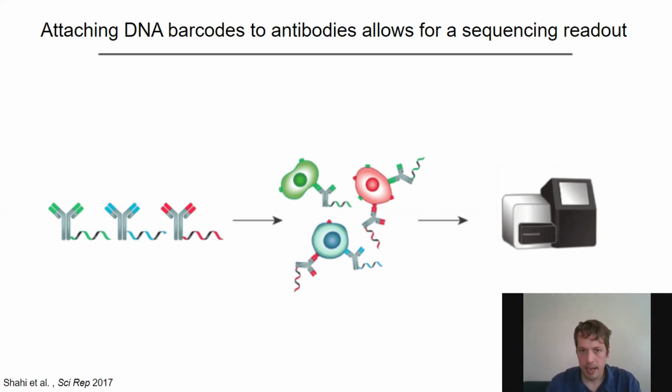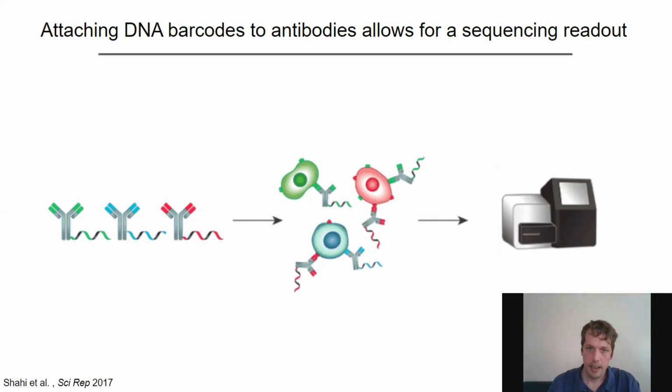So the idea behind antibody sequencing is that you can simply swap out the fluorophore on antibodies for a DNA barcode. And now, if you use these barcoded antibodies to label single cells, this allows you again to switch out the fluorescence detector of a FACS machine for a sequencing machine, and therefore convert essentially the signal into sequencing space.